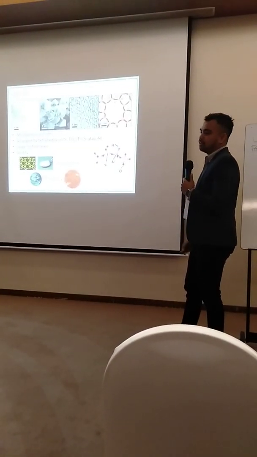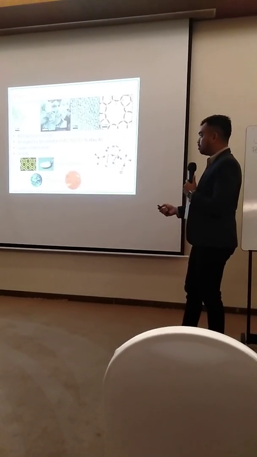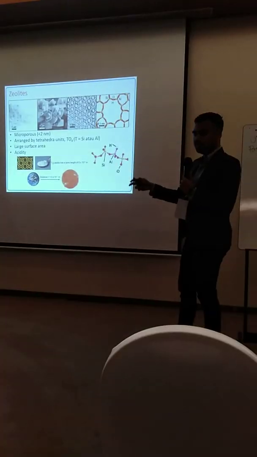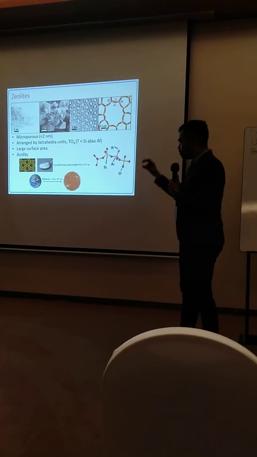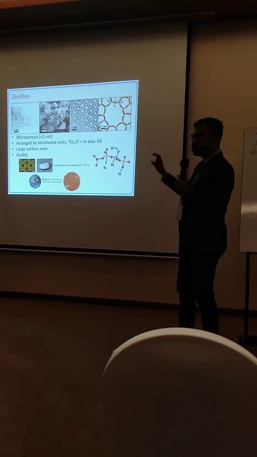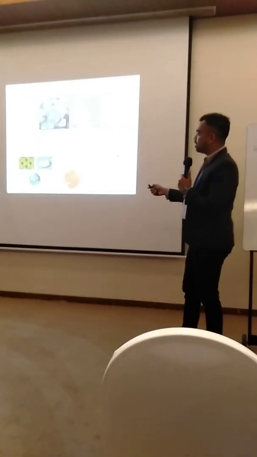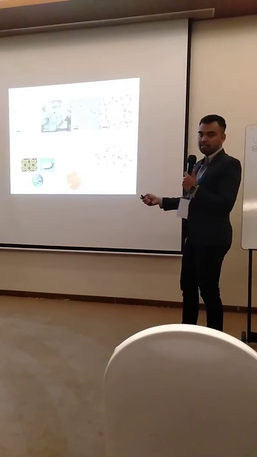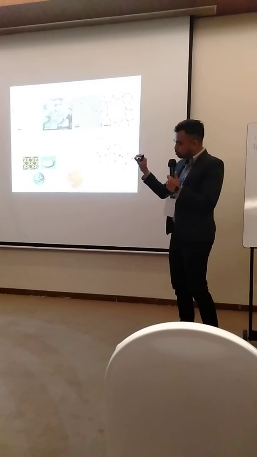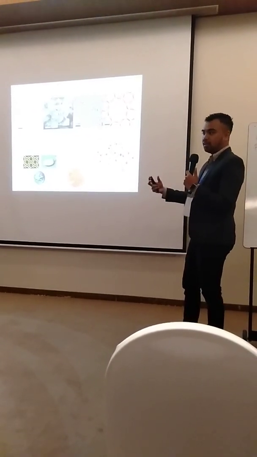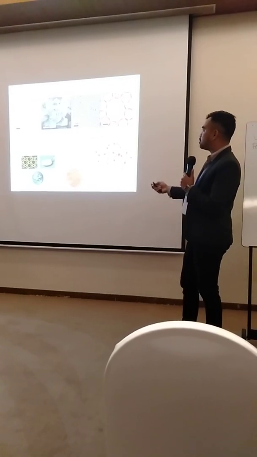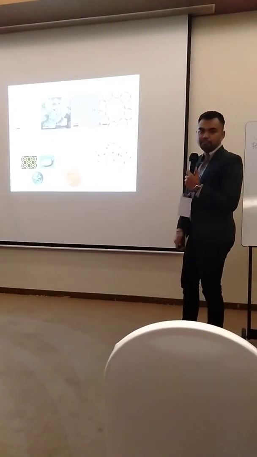So this is zeolite. Macroscopically, you see it as a white powder. But if we zoom into the structure, this is the crystal of zeolite. And if you go further, this is the electron microscopy, the TEM image of zeolite ZSM5.